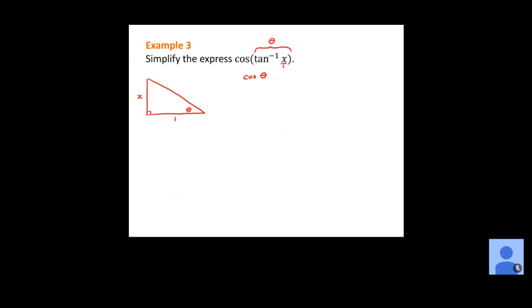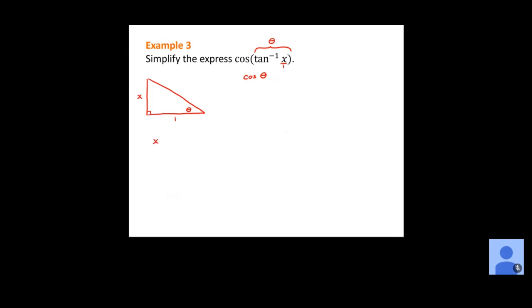Okay, so now if we're looking for cosine of theta, what sides do we need? We need adjacent and hypotenuse. Good. So what are we going to have to do to find our hypotenuse this time? Good.